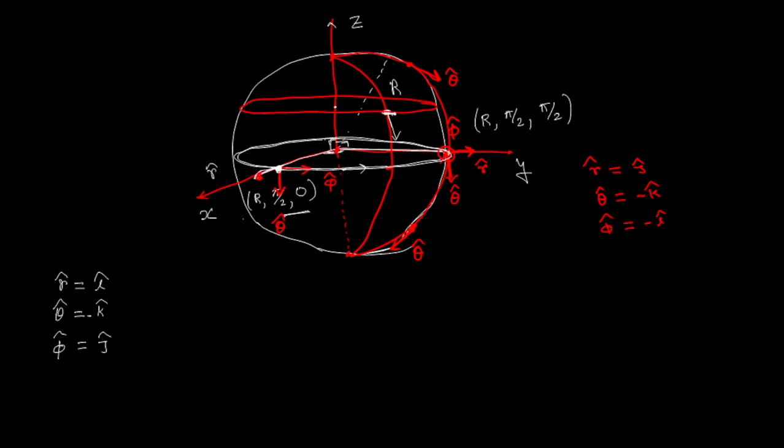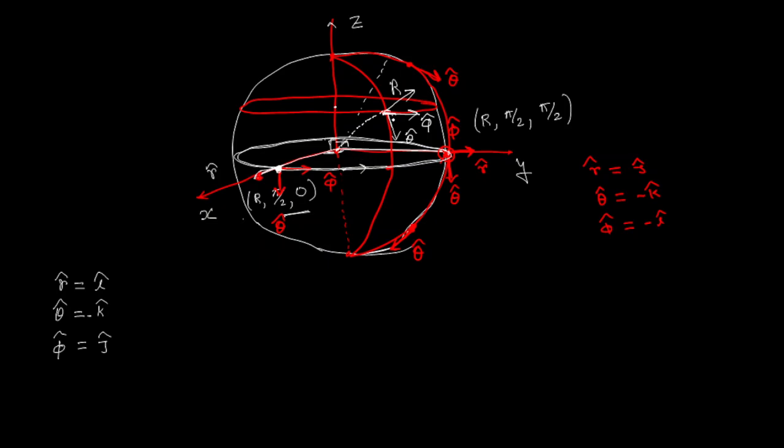So in this direction we'll draw. If we draw a tangent like this, this will be the direction of phi cap. This will be the direction of theta cap. And what will be the direction of r cap? R cap will always be radially outward. Okay.